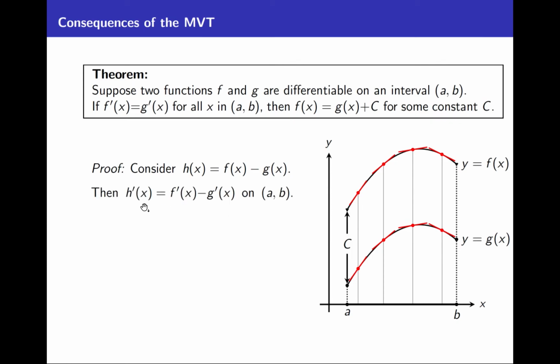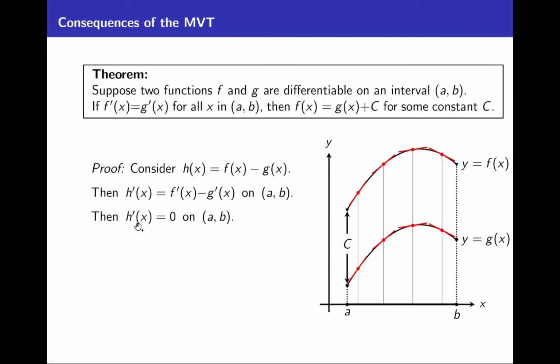And take the derivative of h. By the sum difference rule, that would be f prime of x minus g prime of x. But under the setup, f prime of x equals g prime of x, so this difference is 0. So we get h prime of x equals 0 on the interval from a to b.